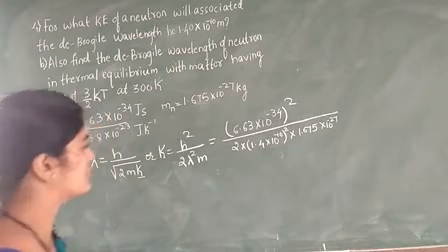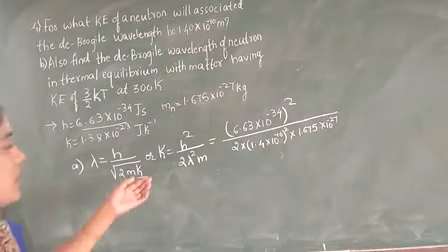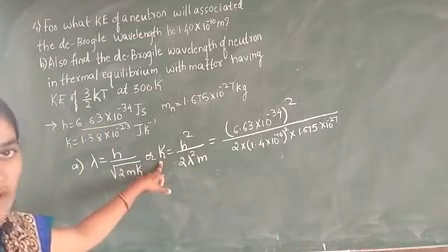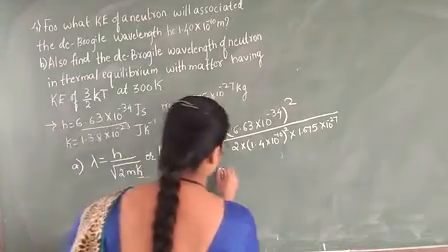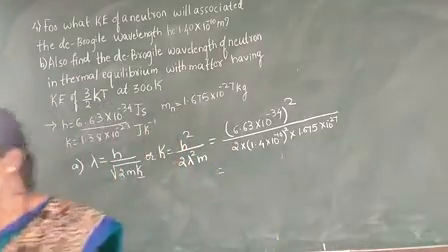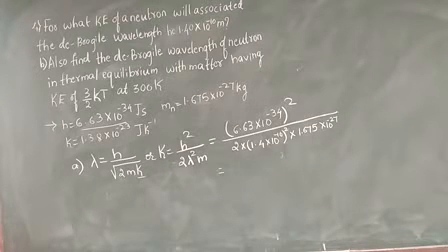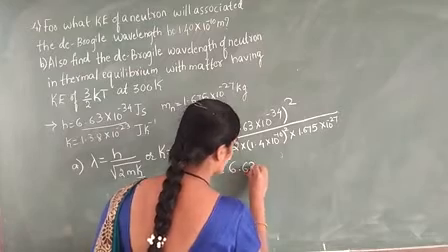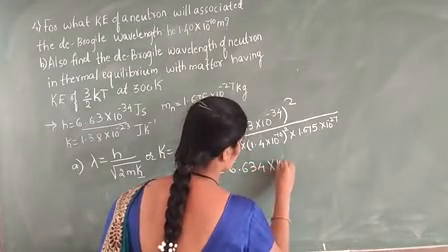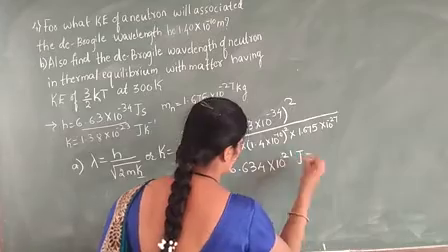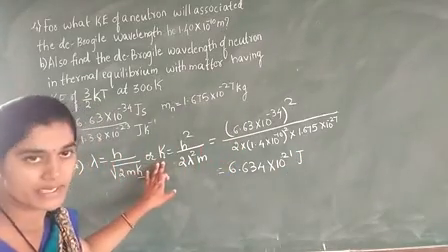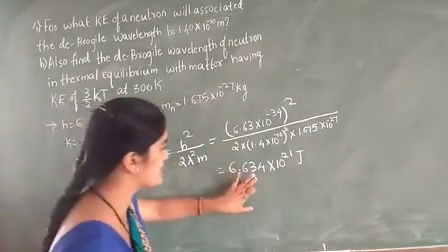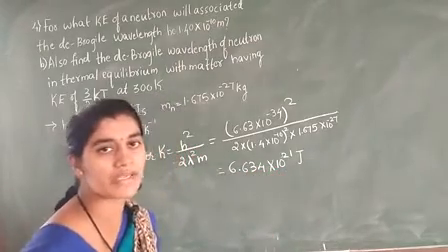Now the calculation part of K: we are getting the answer as 6.634 into 10 raised to minus 21 joule. The value of the capital K is equal to 6.634 into 10 raised to minus 21 joule.